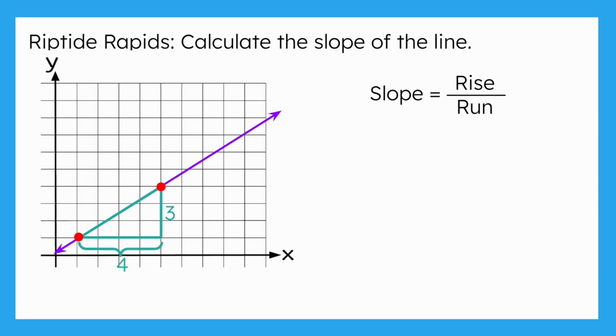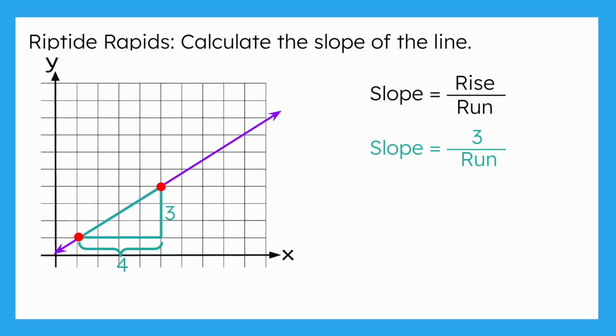And since the hypotenuse is the line itself, that means the hypotenuse of this triangle has the same slope as the line. For the rise in the slope fraction, what do you think we'll use? How tall the triangle is, or how long the triangle is? Yes, rise is how tall the triangle is. The triangle is 3 units tall, so we put 3 as the numerator of our fraction.